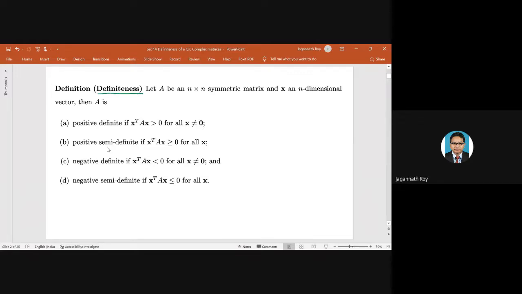For example, if A is an n by n symmetric matrix and X is an n-dimensional vector, then the matrix A is said to be positive definite if we have X transpose AX greater than 0 for all non-zero vectors X.